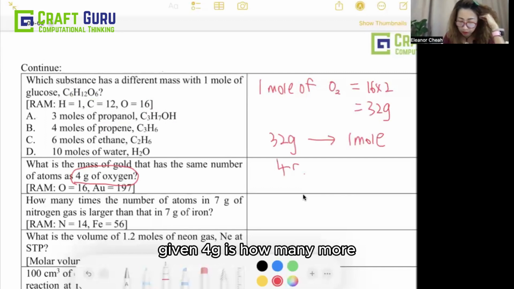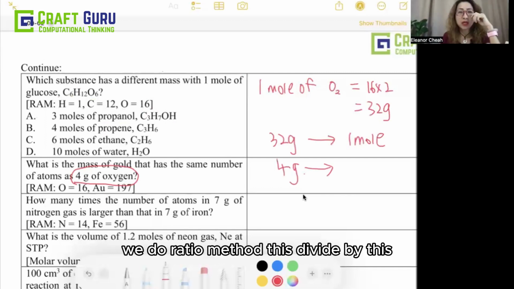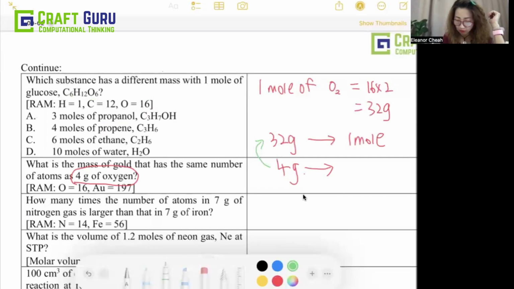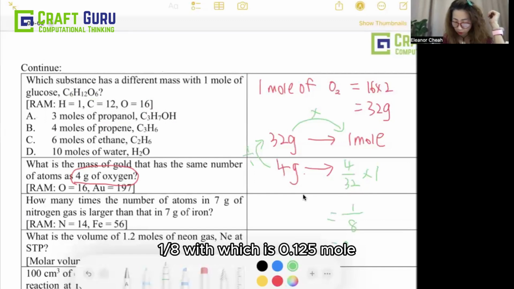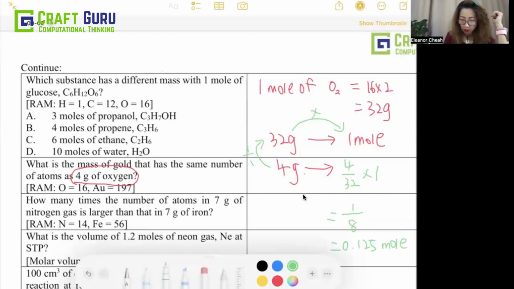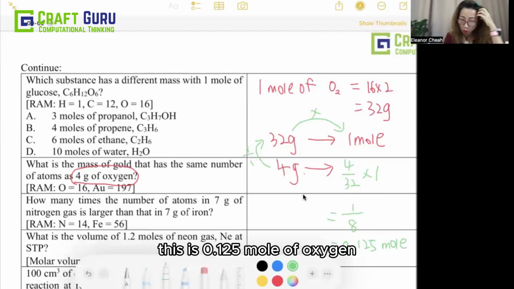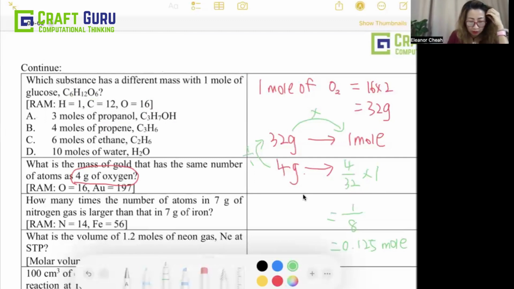Given 4 grams, how many mole? We do the ratio method. This divided by this times this. One over 8, which is 0.125 mole. So this is 0.125 mole of oxygen.